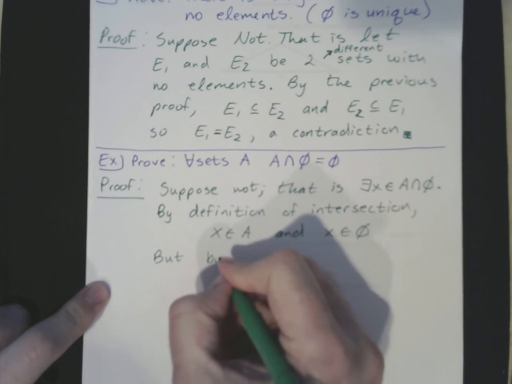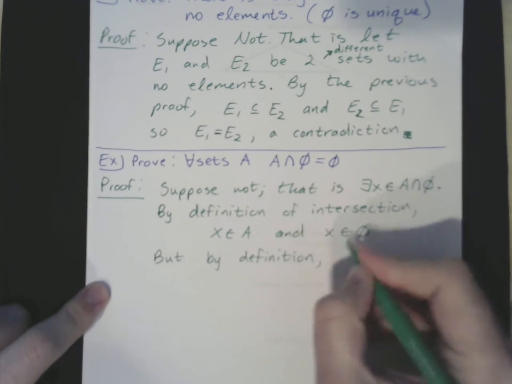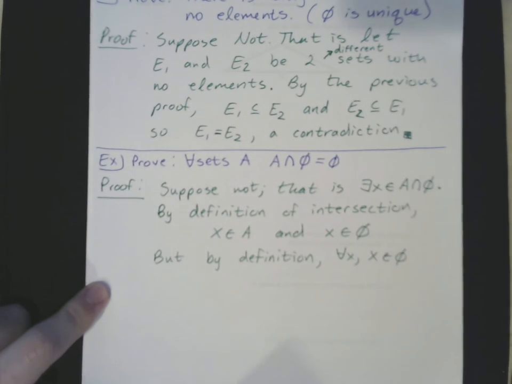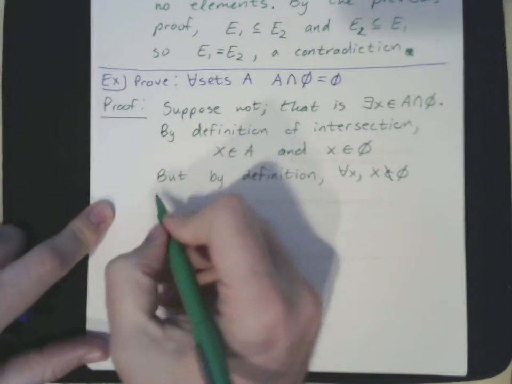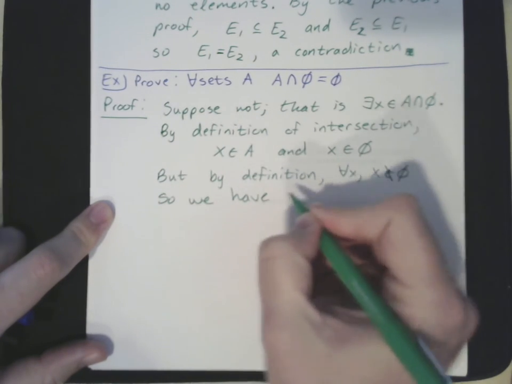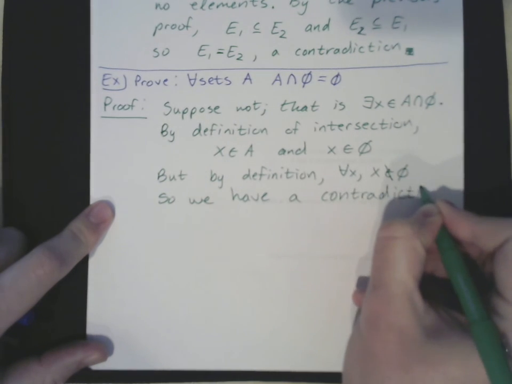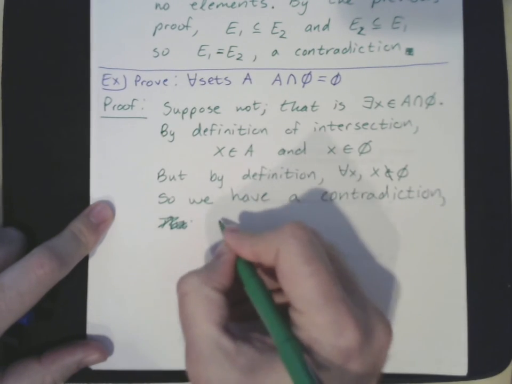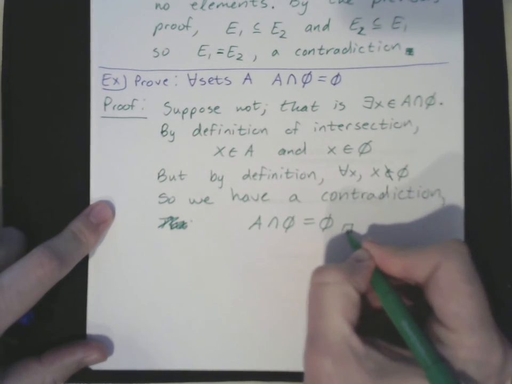But by definition, for all x, x is not in the empty set, which is a contradiction. So A intersect the empty set must equal the empty set.